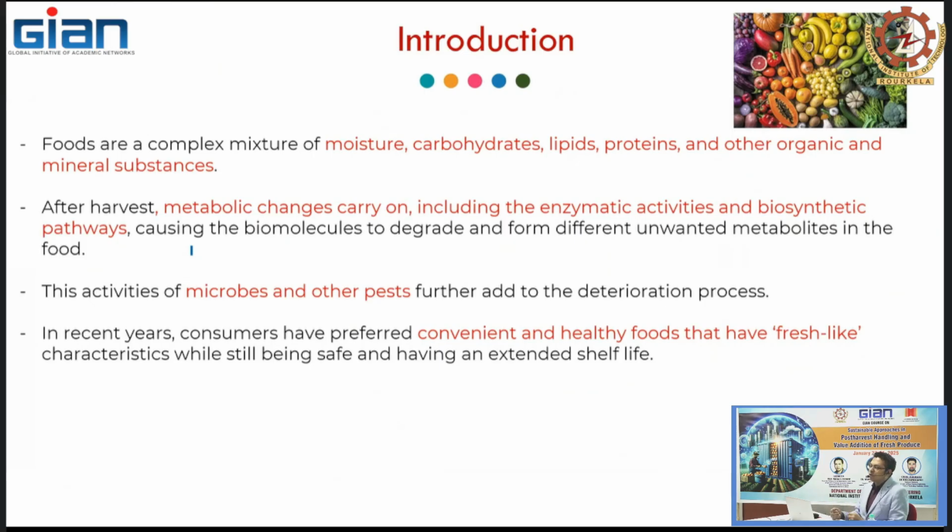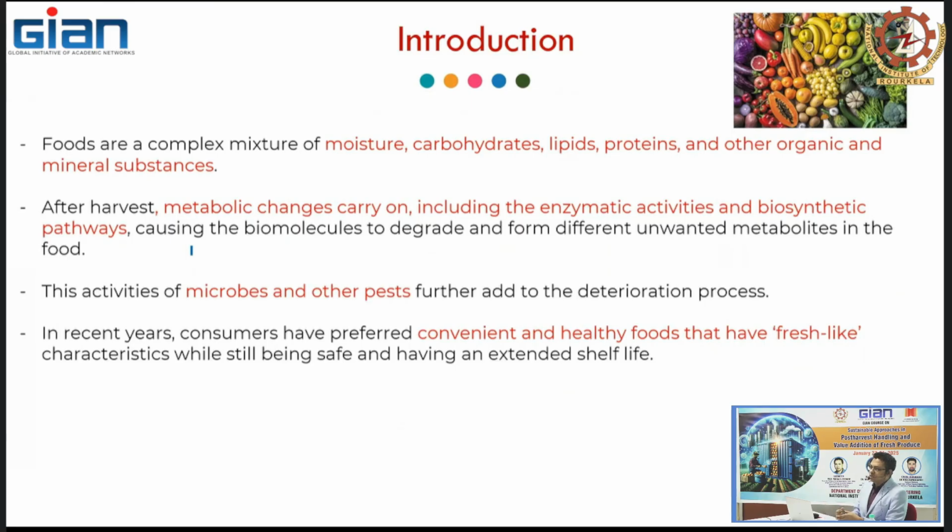what will happen? A lot of metabolic changes happen with the food product. It changes with respiration, transpiration, and also changes like enzymatic activity and biosynthesis pathways. So we can say the food starts to degrade in quality.